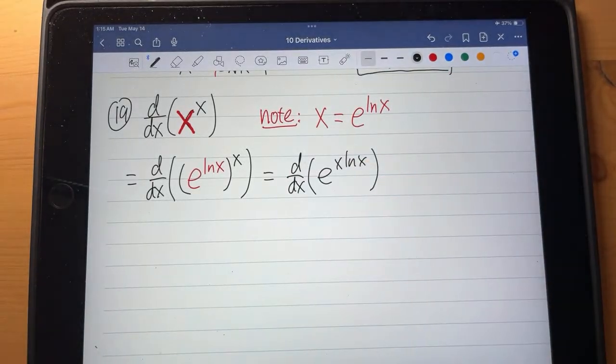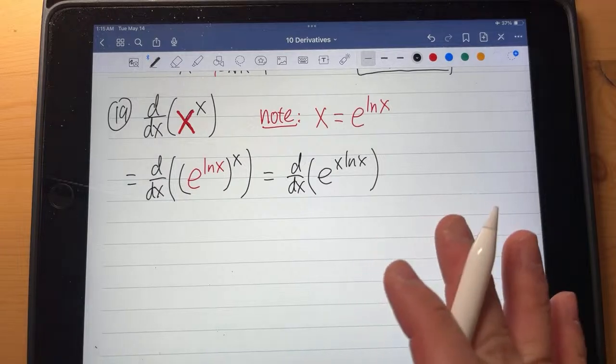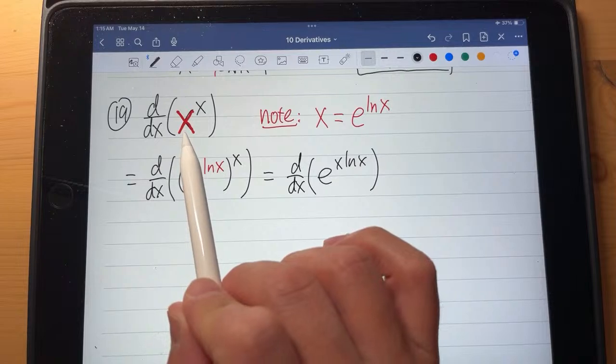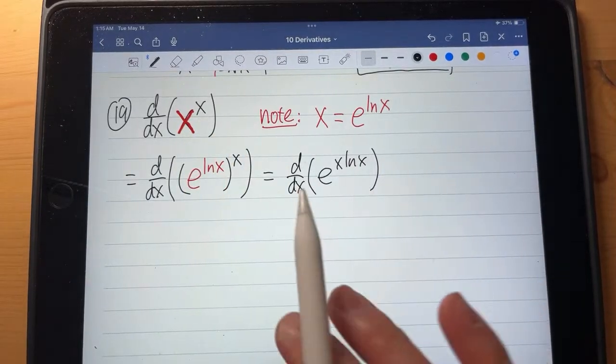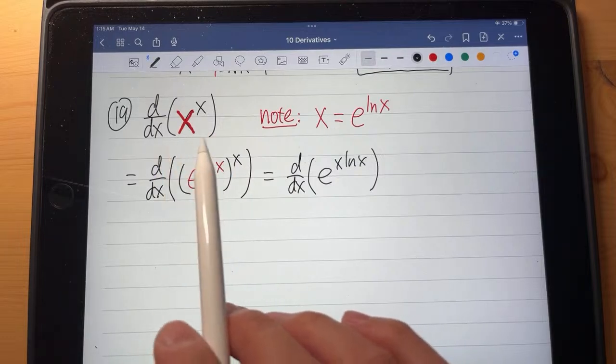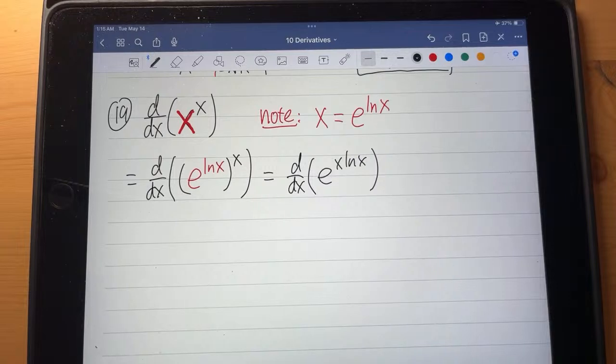In my opinion, this right here is cleaner, but of course, some people will tell you to write x to the x as y and then take the natural log on both sides. That's totally fine too. If you guys want to see another approach for this, check out my other video, or remind me, I will put another video in the description later on.